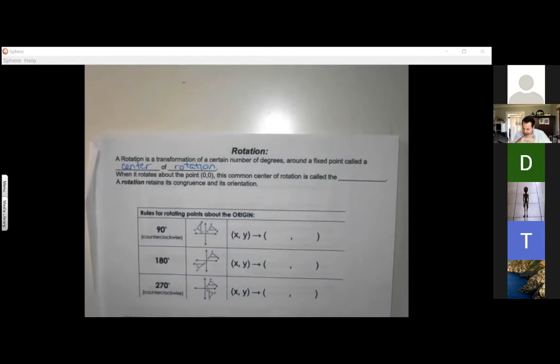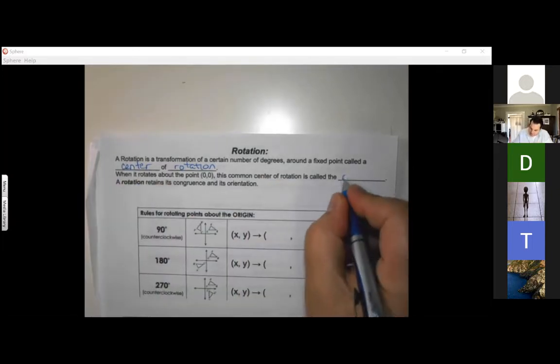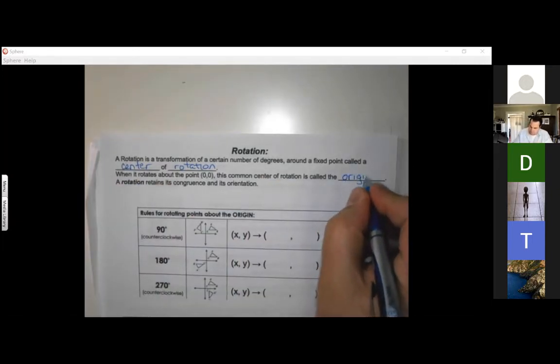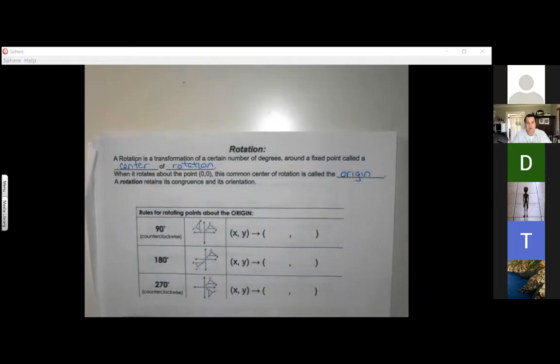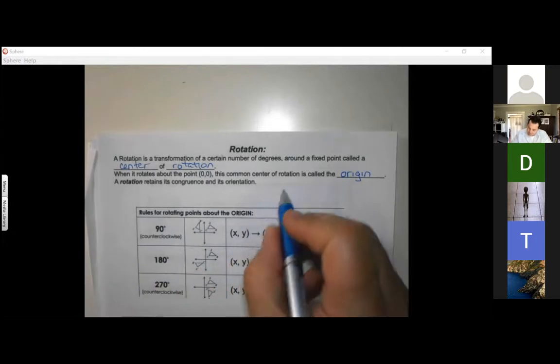When it rotates about the point 0, 0, this common center of rotation is called the origin. And a rotation retains its congruence and its orientation.